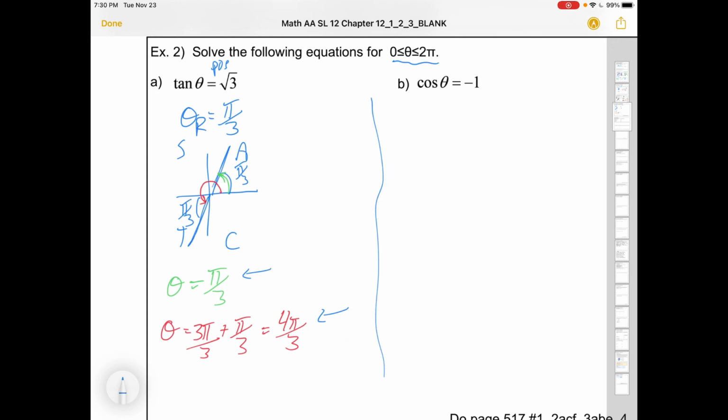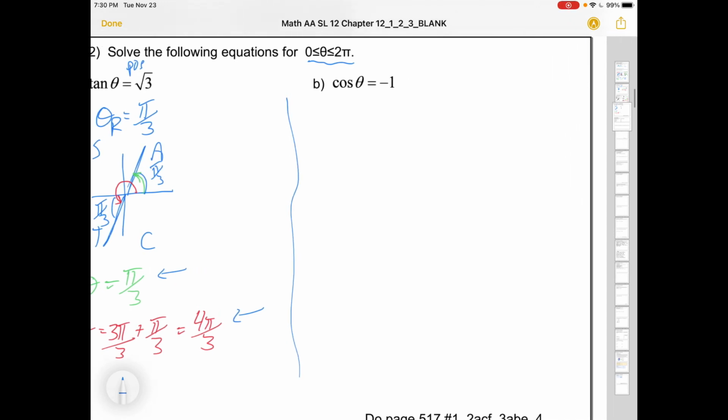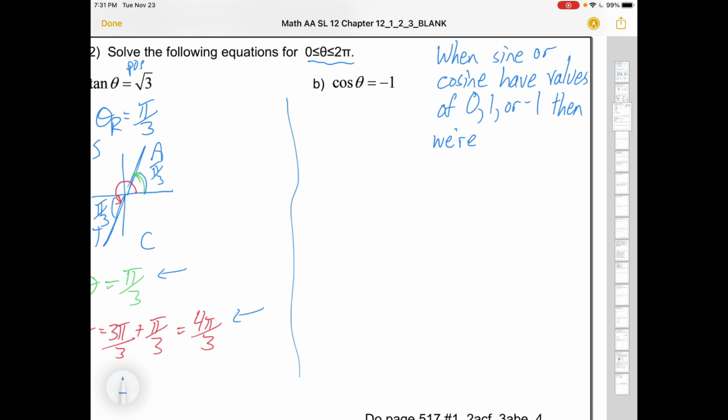One last one. We got cos theta equals -1. And what I'm going to suggest here is that when sine or cosine have values of 0, 1, or -1, then we're on the axes.